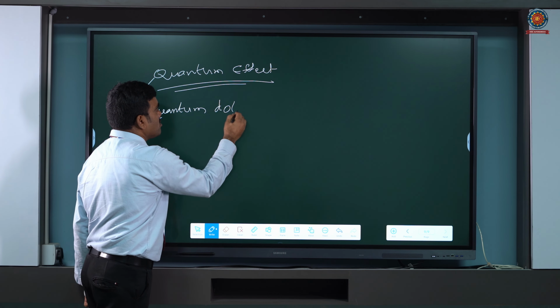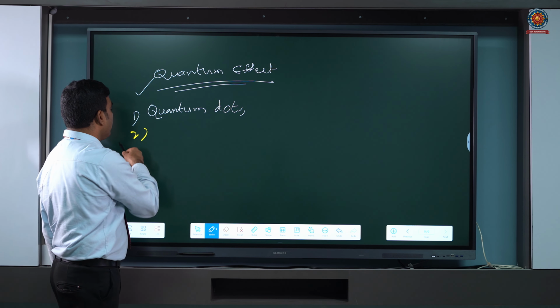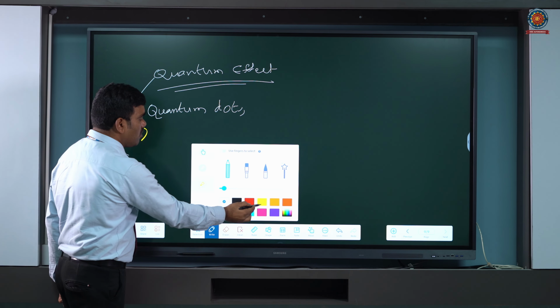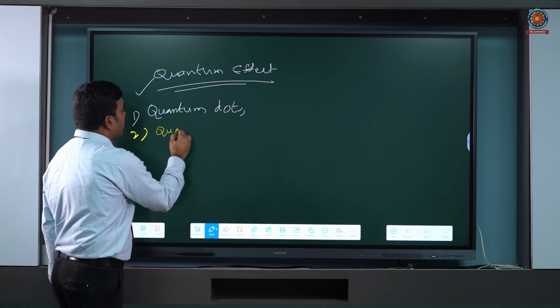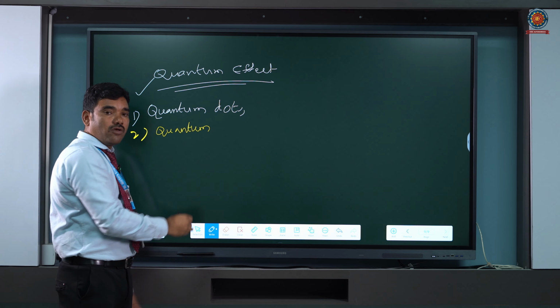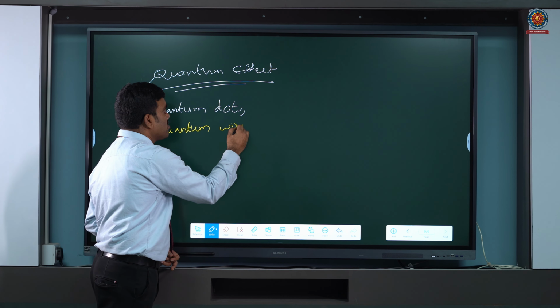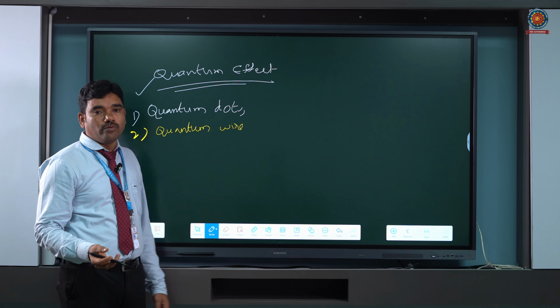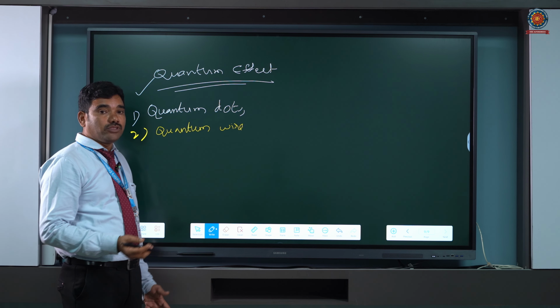Quantum dots. Second one is quantum wire. Quantum wire, quantum tubes, quantum nanotubes.